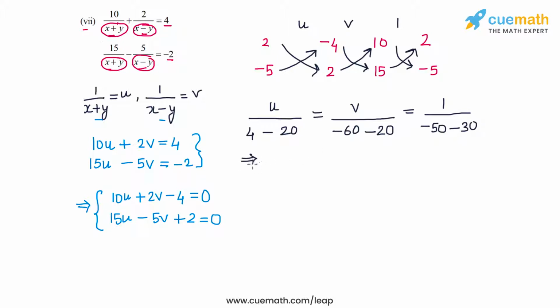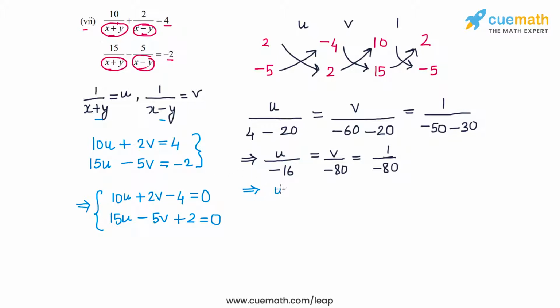Let's simplify this and get values for u and v. So we have u by minus 16 equal to v by minus 80 equal to 1 by minus 80. So this is what we get, and from here we can find the values of u and v.